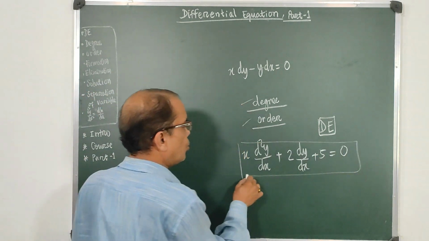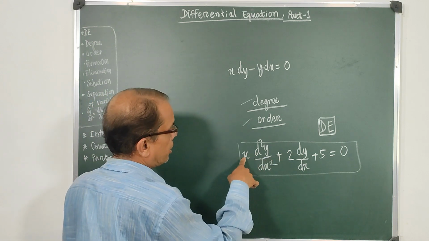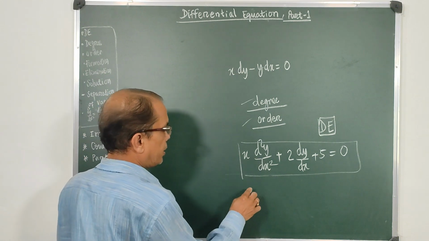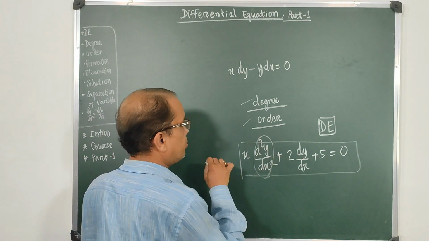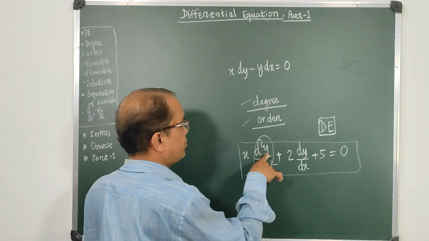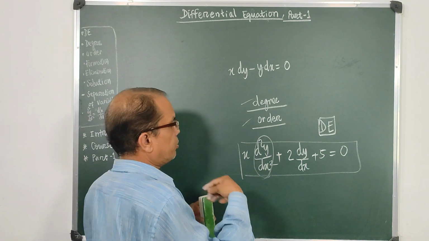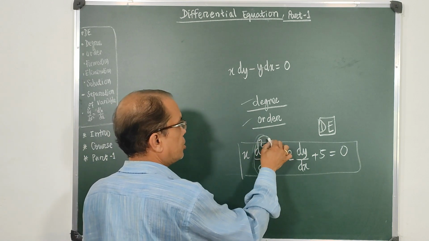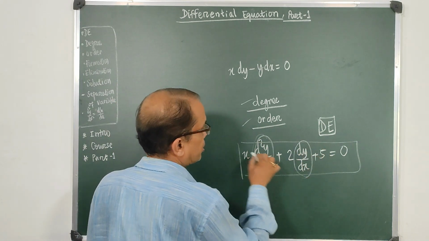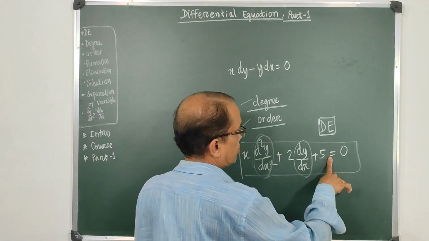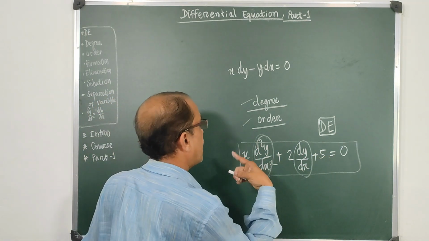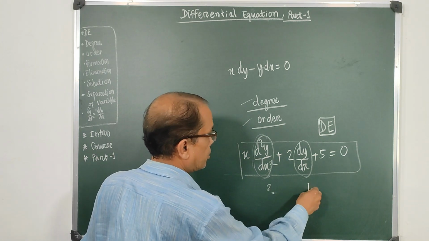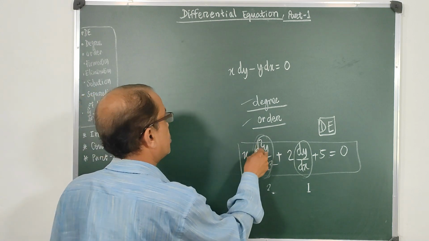Here we find this is a second order derivative, meaning y has been differentiated twice successively. So there are two successive differentiations here, only a single differentiation here, and no differentiation in the last term. The largest number of successive differentiations is 2, that's why the order of this equation will be 2.